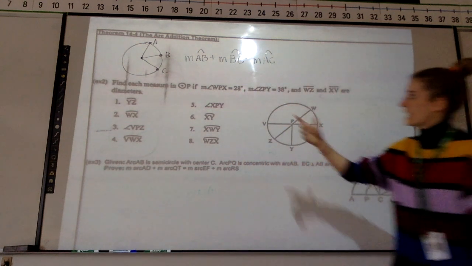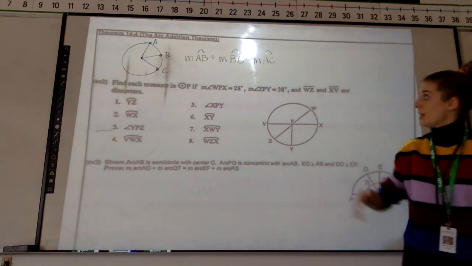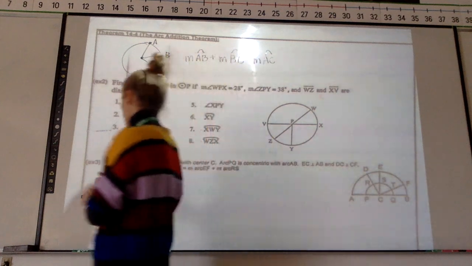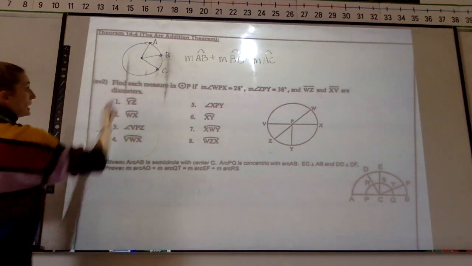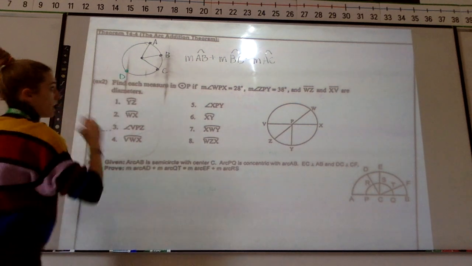Now, because AC is a minor arc, I don't have to name it with 3 letters. But if this were much larger, let's say I made another point here, and I called this D.